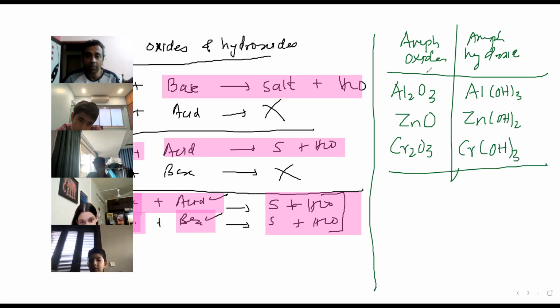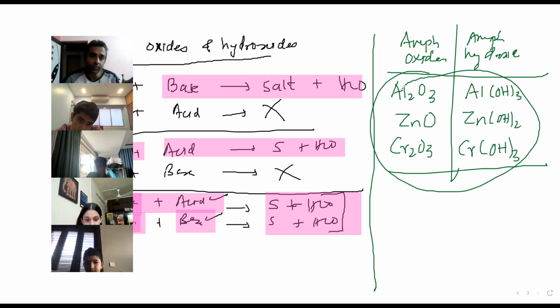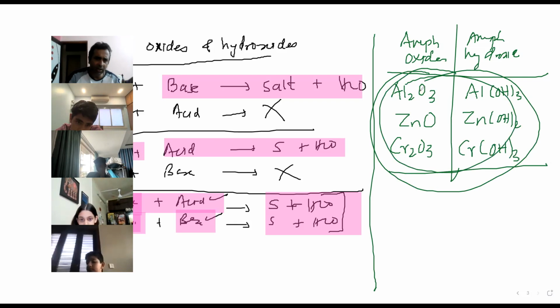So these are the examples you should know, which can react with an acid also and with a base also. Aluminium oxide, zinc oxide, chromium oxide. So aluminium, zinc, chromium. Remember these three metals. Do you recall something from these three specific examples? Something that we had learned earlier?